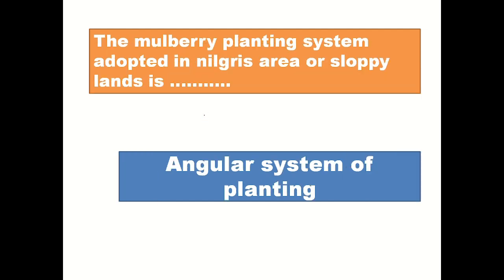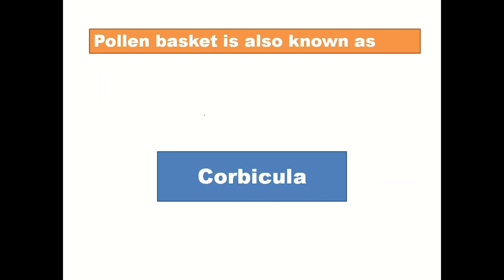The mulberry planting system adapted in Nilgiri areas or sloping areas is the contour system of planting. Pollen basket is also known as corbicula.